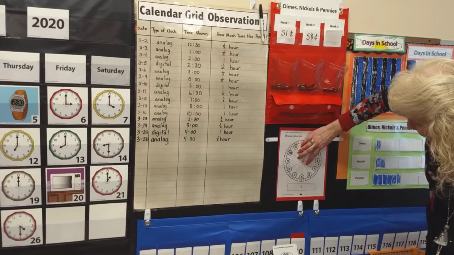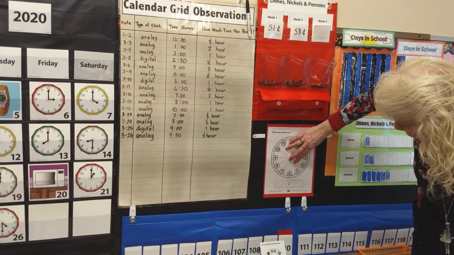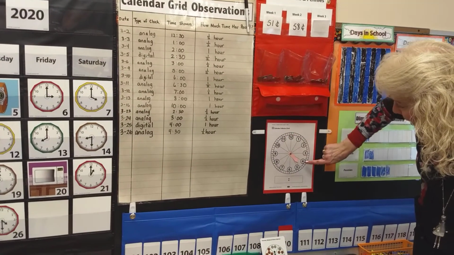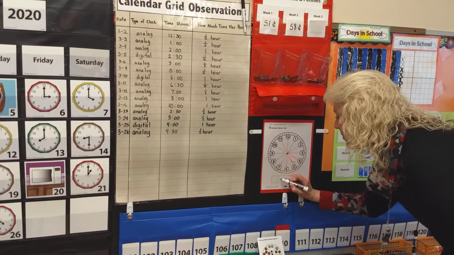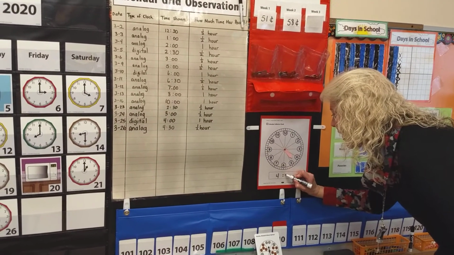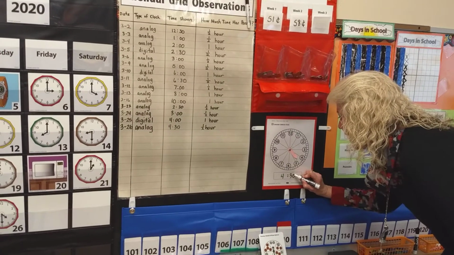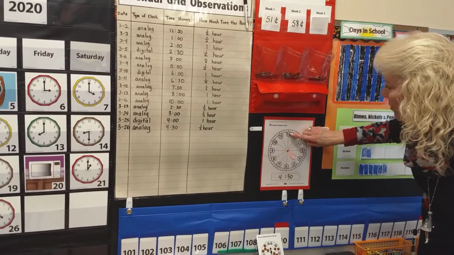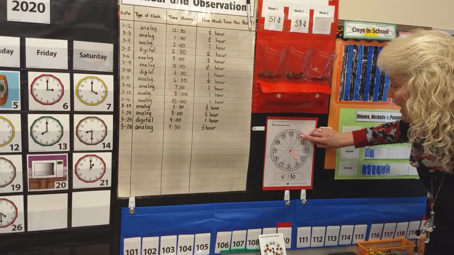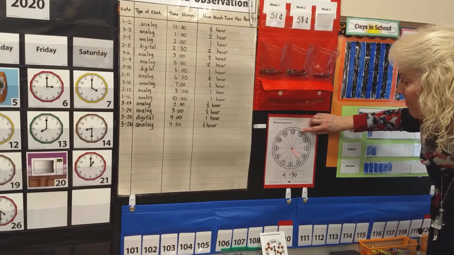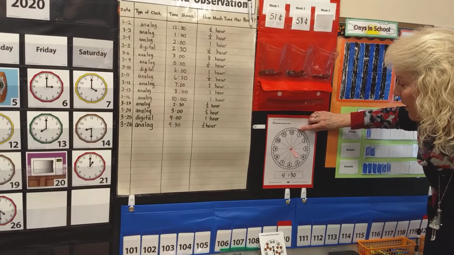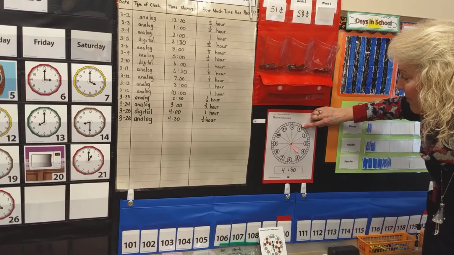Now I have to move my hour hand halfway between the 4 o'clock and the 5 o'clock hour, and halfway between is 4:30. Let's count together, boys and girls, by fives. Each one of our numbers on the analog clock represents 5 minutes. 1, 2, 3, 4, 5 minutes.